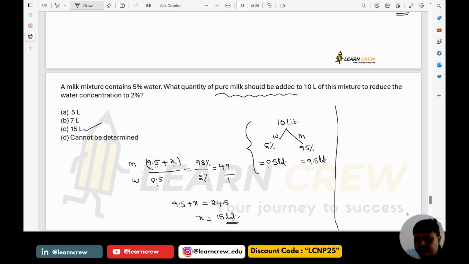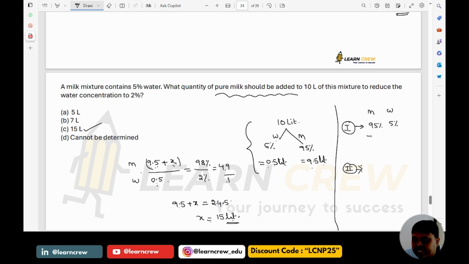You can think of it this way. Now see the other procedure. Either see initially and after adding. Initially it is given milk and water. Milk is 95% and water is 5%.